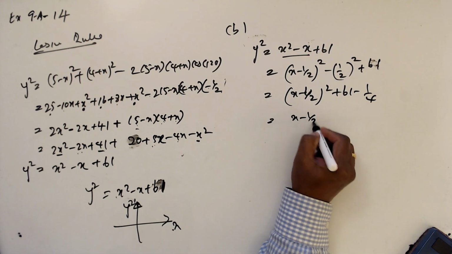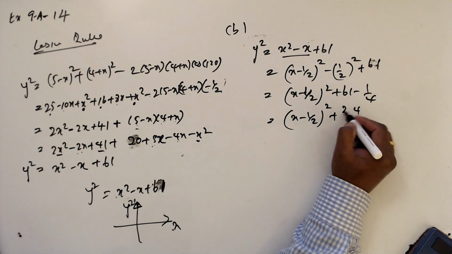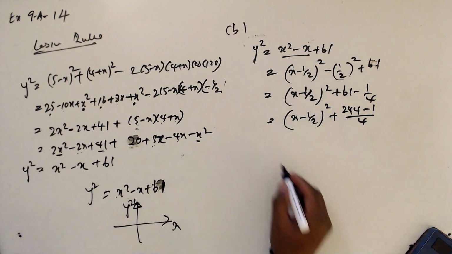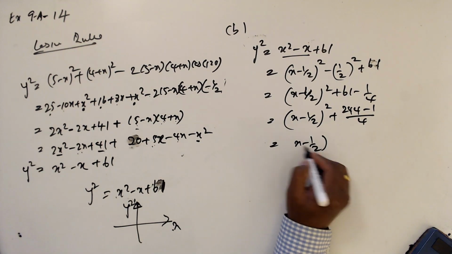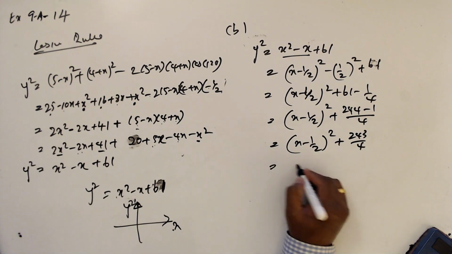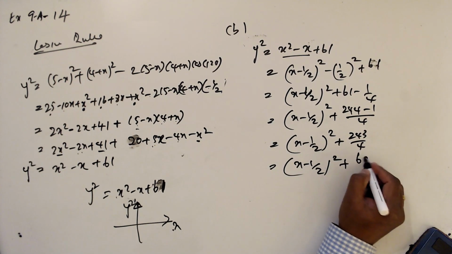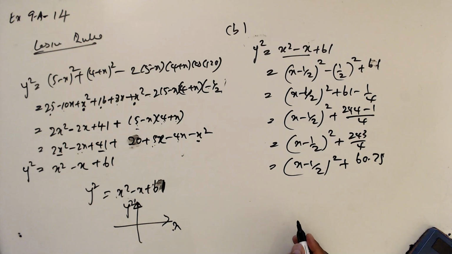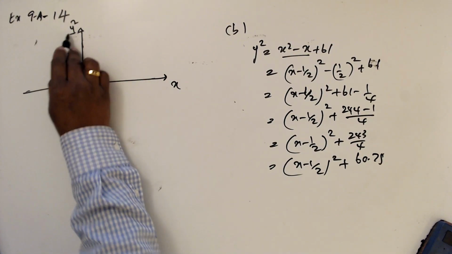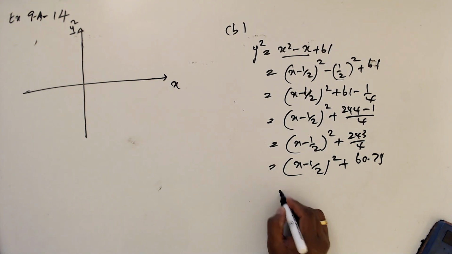So x minus half squared plus 243 over 4, or x minus half squared plus 60.75. Now this is the graph of x and y square, not y.